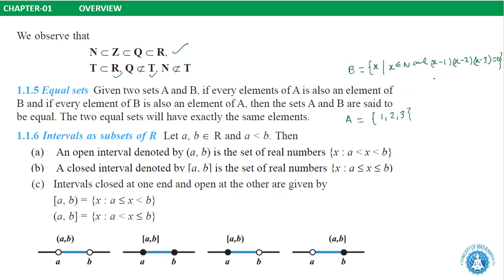So in turn we can write B as 1, 2 and 3.